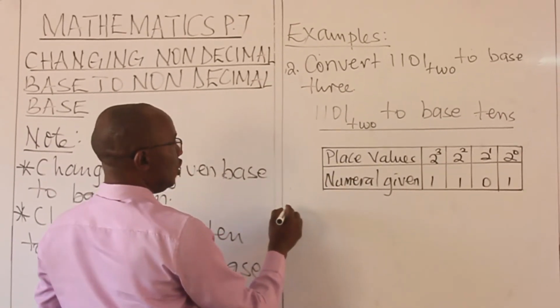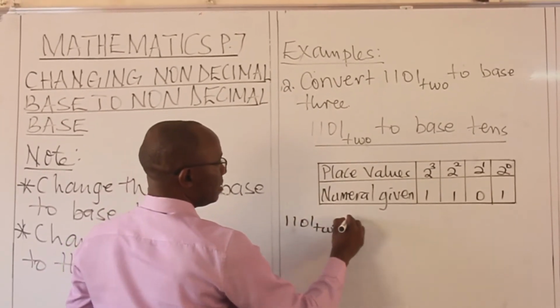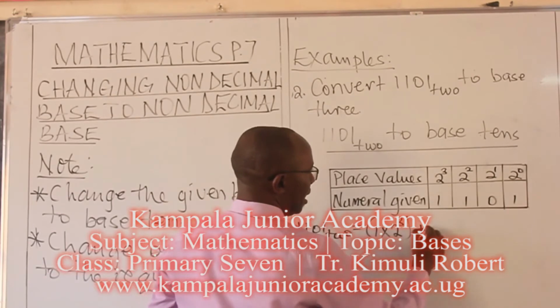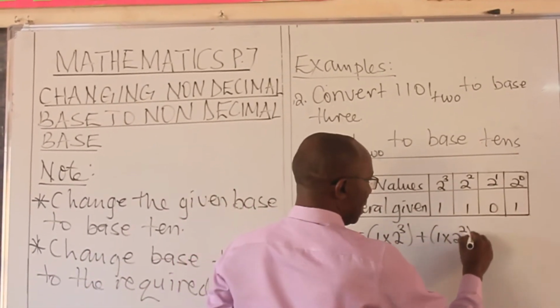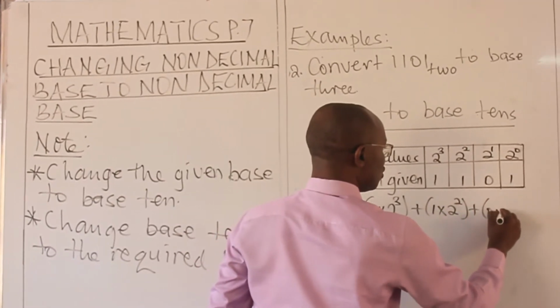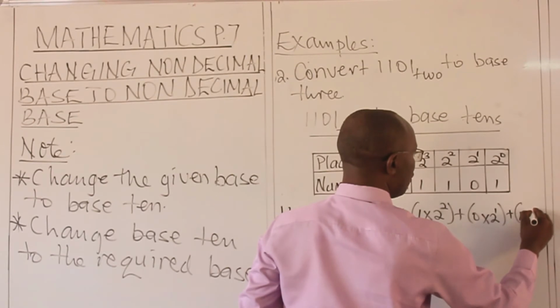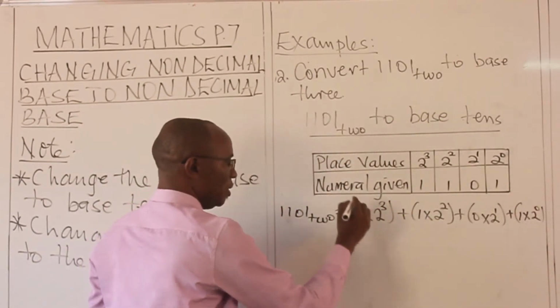So now 1101 base 2 is equal to 1 times 2 raised to the power 3 plus 1 times 2 raised to the power 2 plus 0 times 2 raised to the power 1 plus 1 times 2 raised to the power 0. So now that is the expansion, and then we multiply.